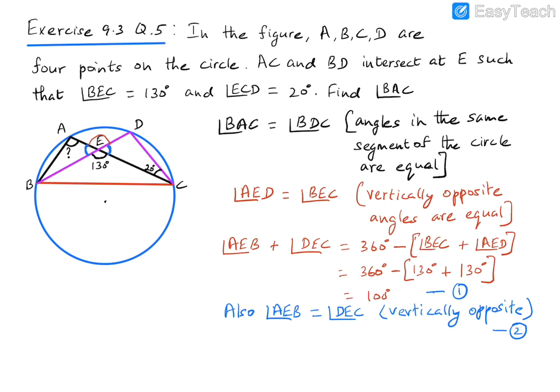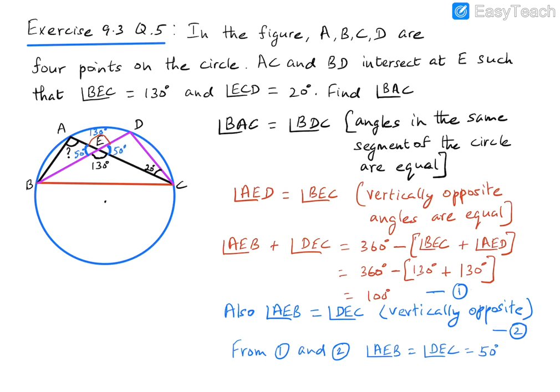So each of them should be 50 degrees. So we now have in the figure this angle BEC as 130 degrees and AED also 130 degrees, and we have angle AEB as 50 degrees and the angle DEC also 50 degrees.